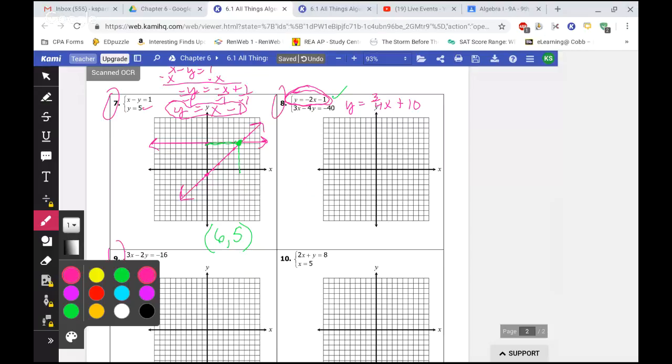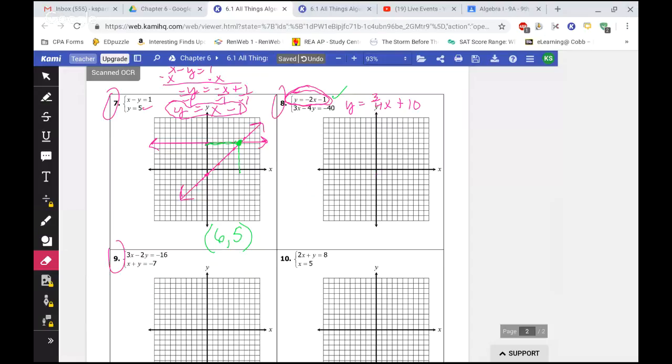So we'll plot that first. And what is the slope? Negative 2. Negative 2, which means I'm going to travel in one direction negative and one direction positive, starting with the y. So if I go up 2, that's positive, I'm going to go left 1. So up 2, left 1.